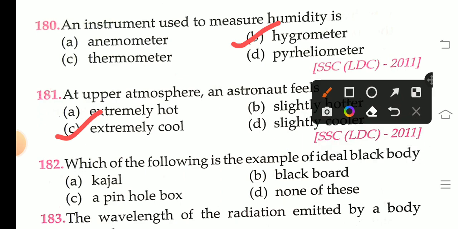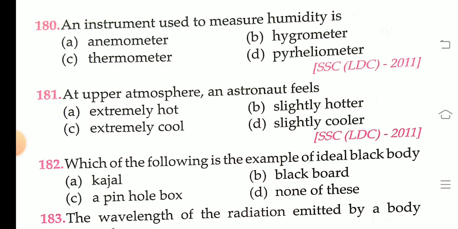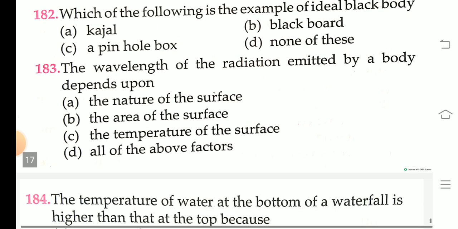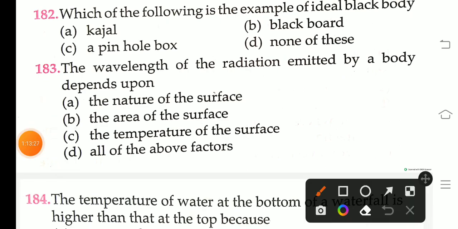Next, which of the following is an example of an ideal black body? Right answer will be option C, a pinhole box. Next, the wavelength of the radiation emitted by a body depends upon, right answer will be option C.